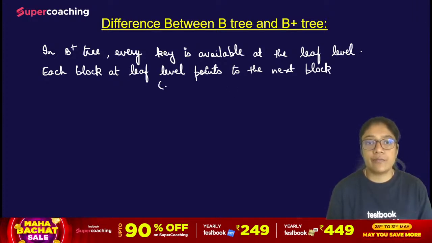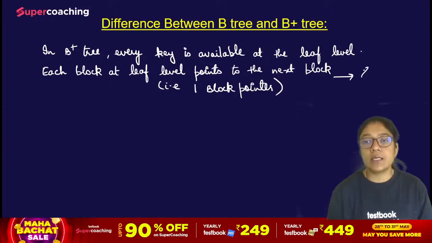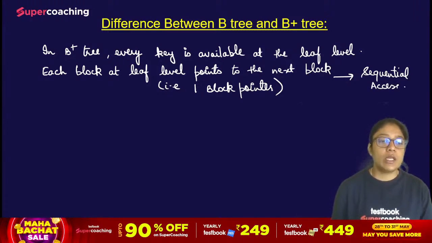That is, one block pointer is used. One block pointer is there at the leaf level. And because of this, it results into the sequential access.